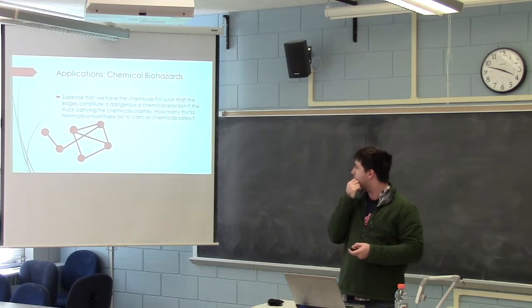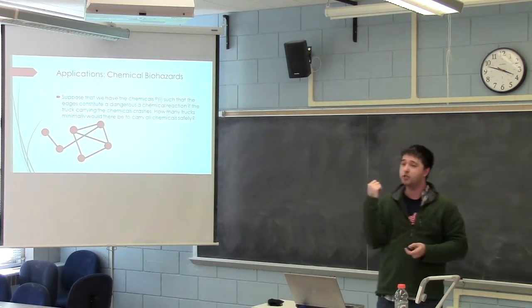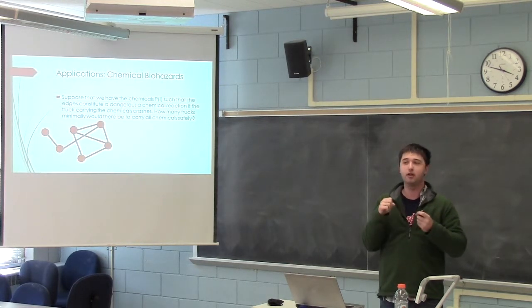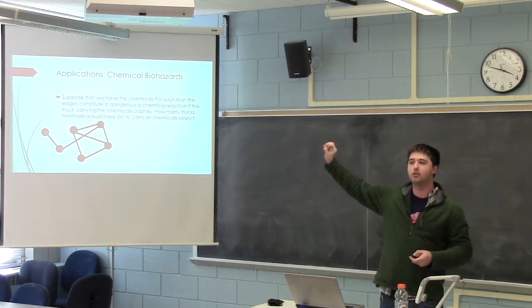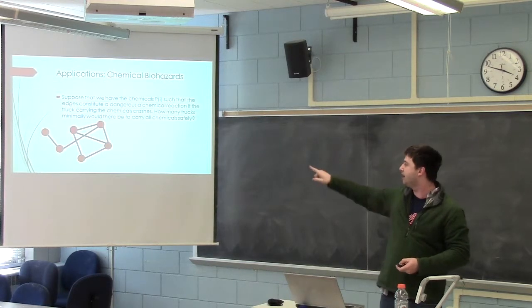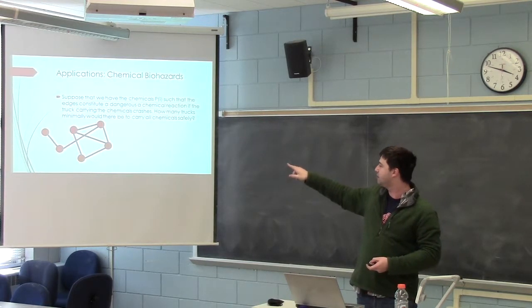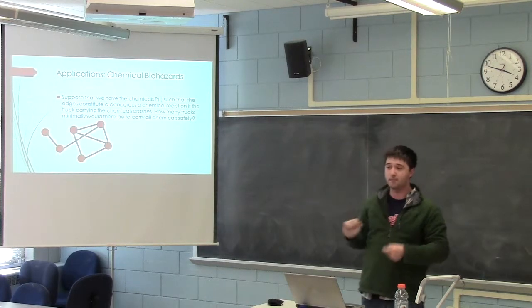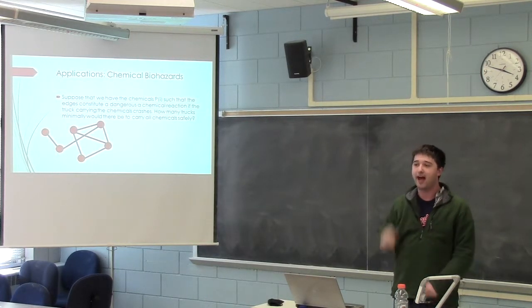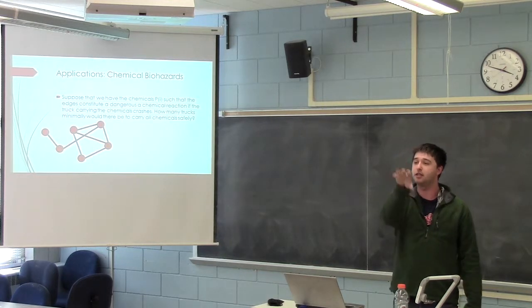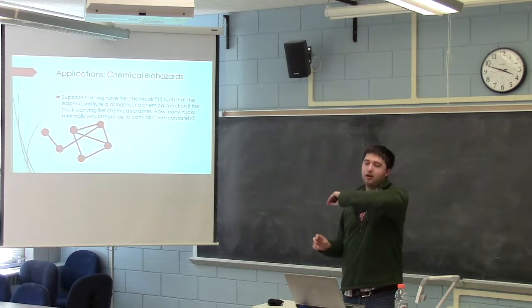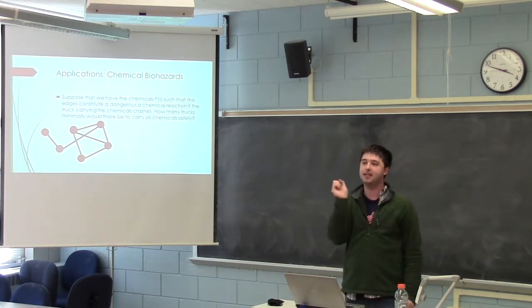Okay, and now I'm going to move on to another application which deals with biochemical hazards. As I described, you have a truck and each one of these vertices resembles a chemical, and if I hit a chemical that's dangerous or could make it explode, kind of like the alkali metals, such as lithium with chlorine, for example, it makes it combust.